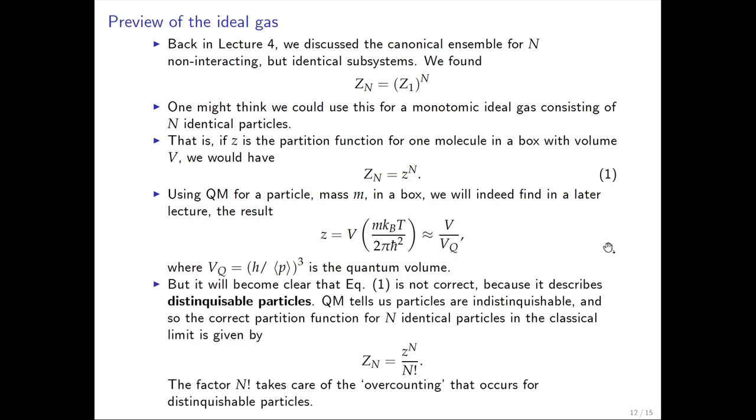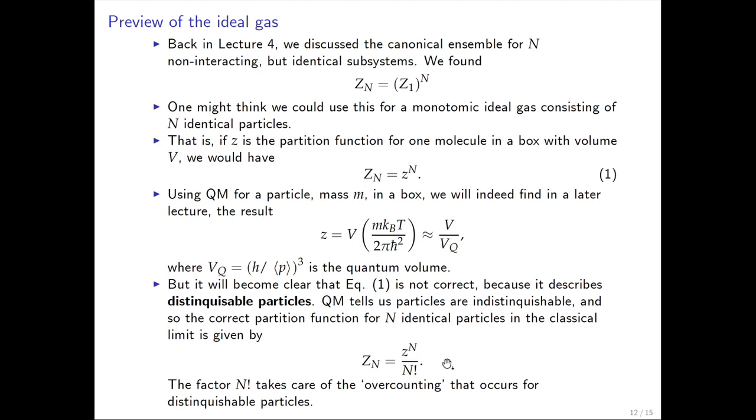Well, actually, it will become clear that if you use this equation for non-interacting particles in a box, this isn't correct. And it's not correct because it describes distinguishable particles. Quantum mechanics tells us that particles are indistinguishable, and so the correct partition function for N identical particles in the classical limit would be this little z to the power N, but divided by N factorial.